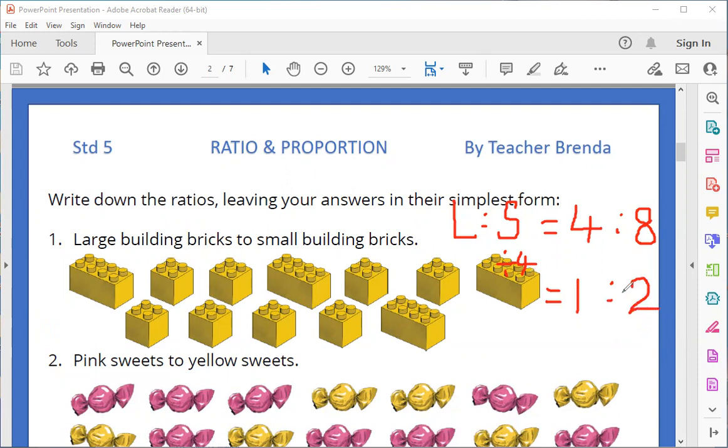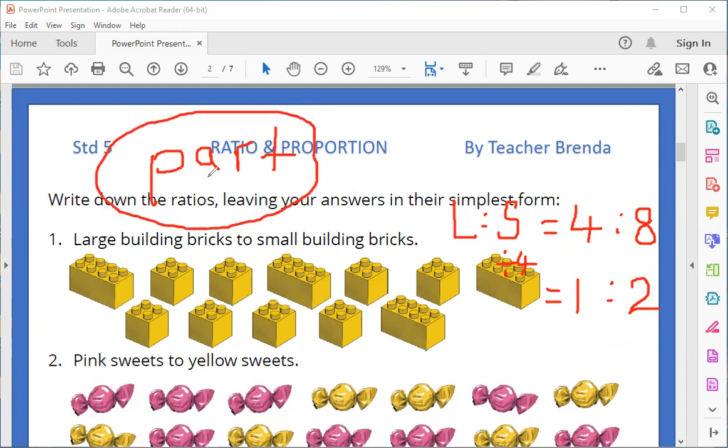What does this literally mean? Now, I teach you a secret word. You got to put this word into your little brains. It's called part. Every time you read a ratio, you silently read inside your heart 1 part to 2 parts. 1 to 2, but inside your mind, you understand it as 1 part to 2 parts. 4 parts to 8 parts.